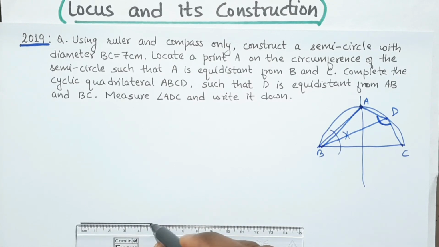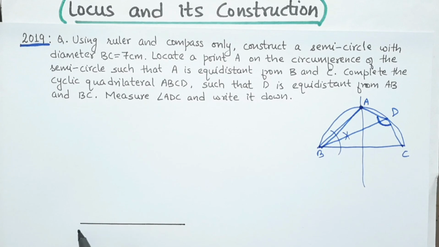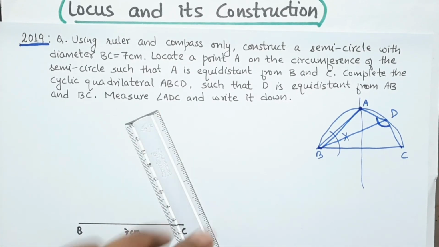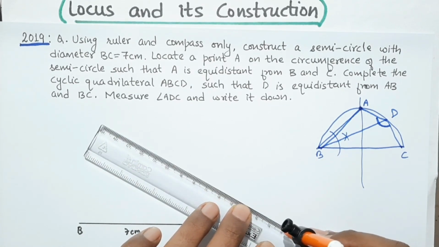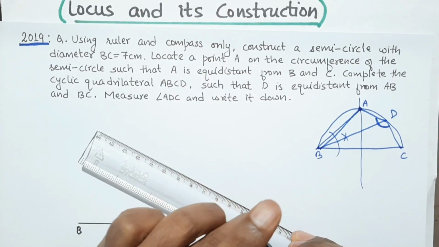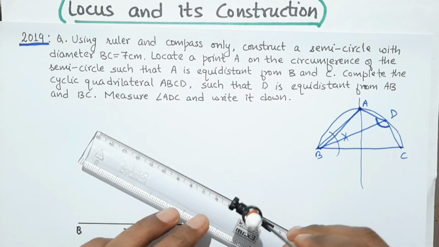Since BC is the diameter, our radius is 3.5 centimeter. So with the compass, let us measure 3.5 centimeter here.